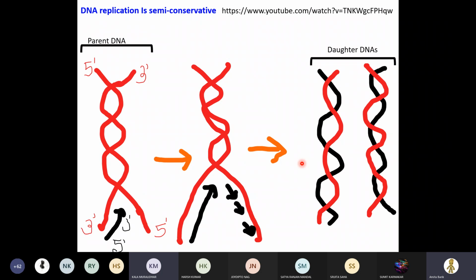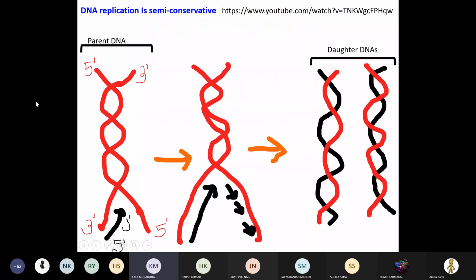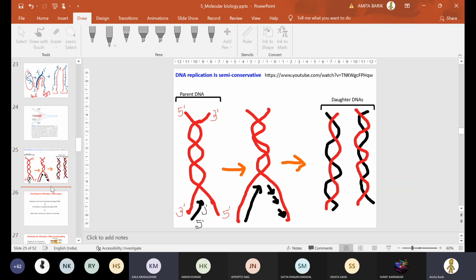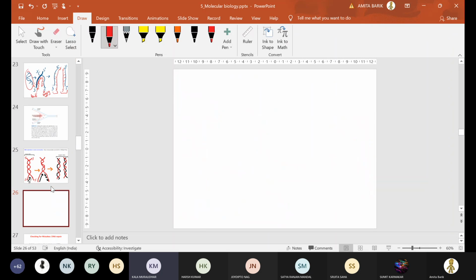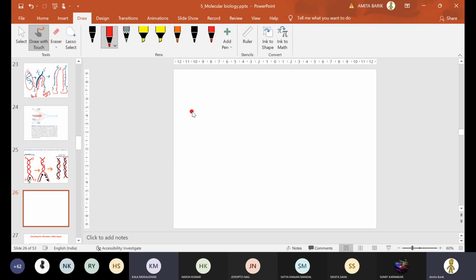And suppose now I am giving you a task. Now, if I ask you, I have a strand, let's say 5' to 3', a DNA molecule, and I'm giving you a sequence like this in the exam.